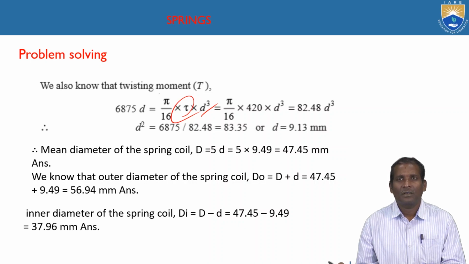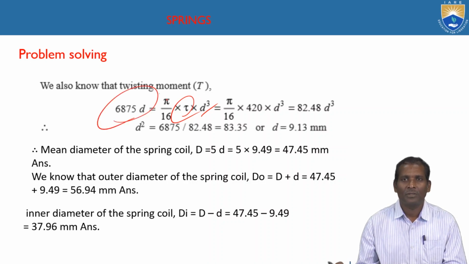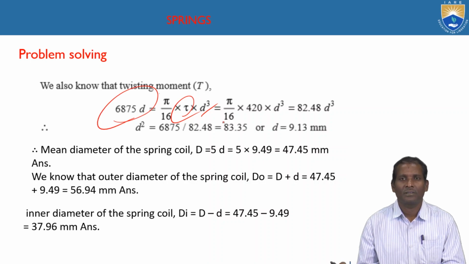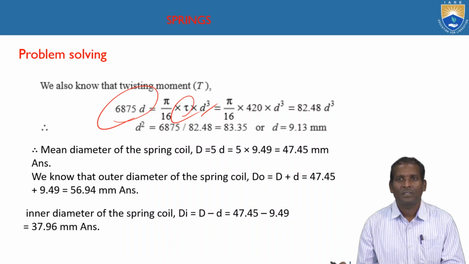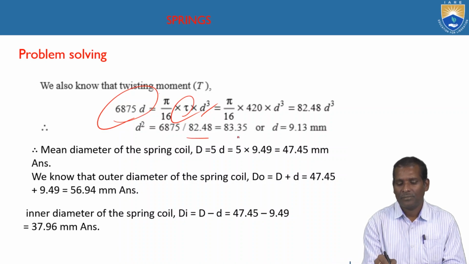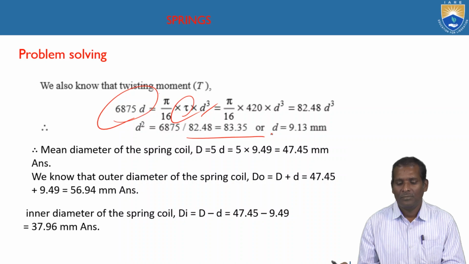The twisting moment we already calculated in the previous step, so equate that value to this equation, 6875 D in terms of small d. So substitute those values, and you will get the wire diameter as 9.13 mm.